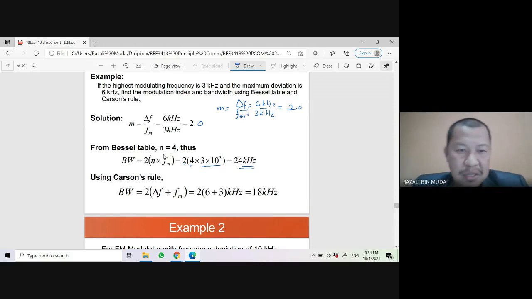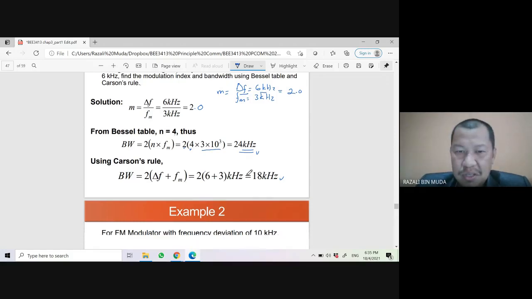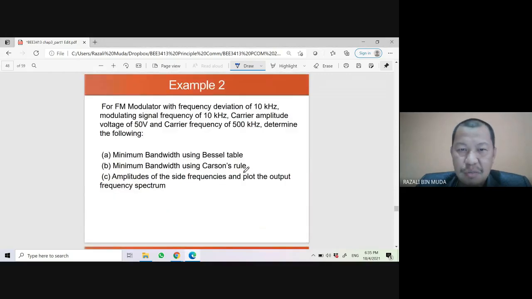Okay, using approximation, Carson rule, bandwidth is 2 multiplied by delta F plus Fm. So in the bracket, delta F is 6 plus Fm 3. So 6 plus 3 is 9. 9 multiplied by 2 is 18. So there is a little bit of difference, but still acceptable. The difference is small, so we can still accept both answers.